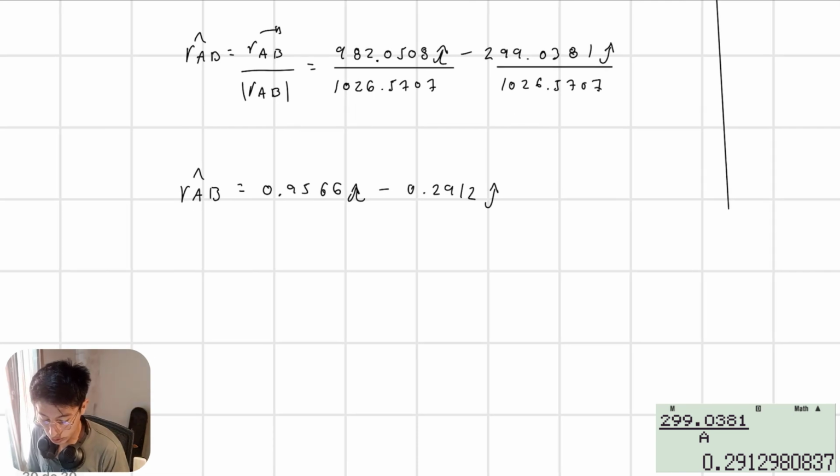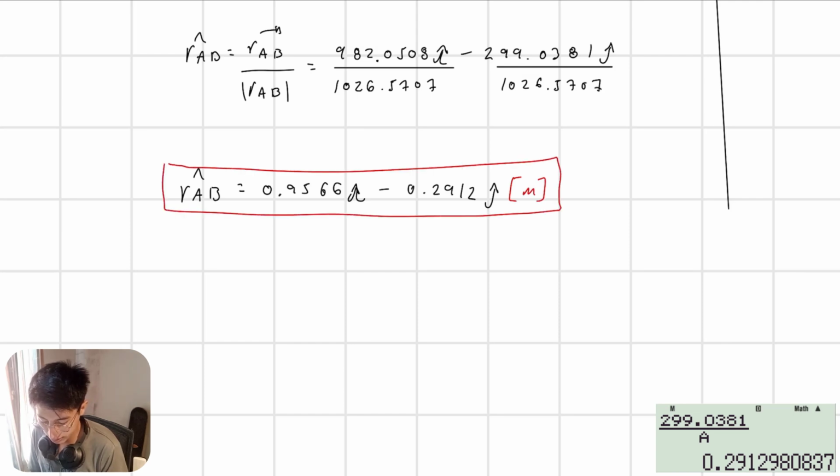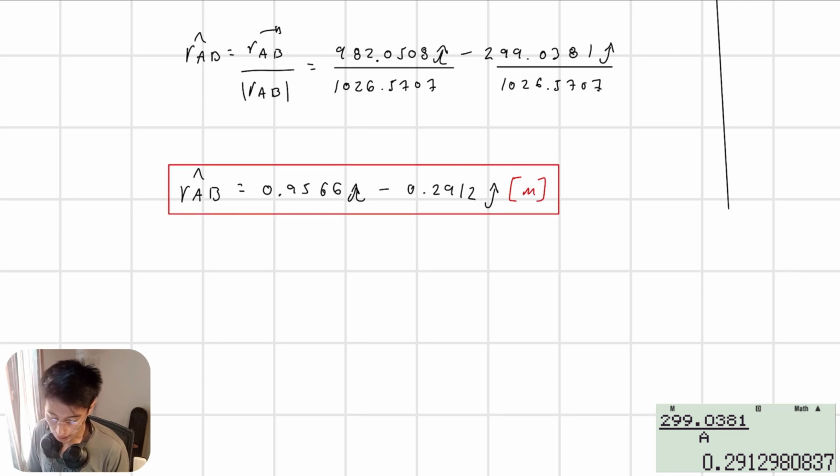Now, there is one way in which we can know if this is correct, and it is by using Pythagoras. Remember, for a unit vector, the magnitude is always going to be 1.